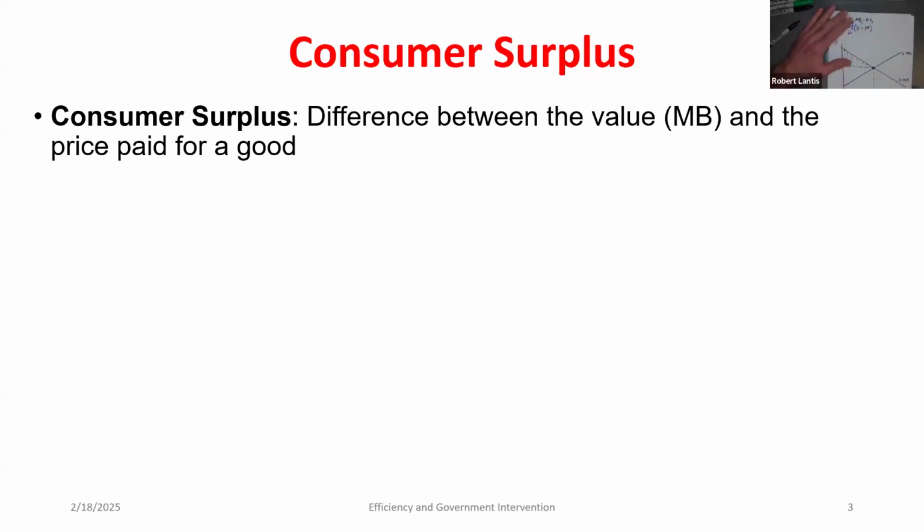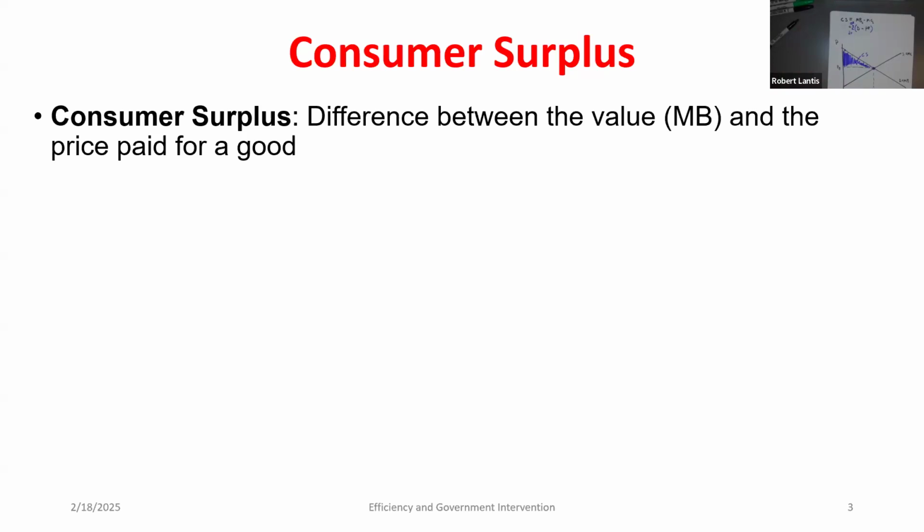Don't worry, I'm not going to use this notation a lot, but really all this is saying is for every unit, to get total consumer surplus, I'm adding up the difference between the demand curve, or the consumer's marginal benefits, and their marginal cost, or the price of the good at every unit. So you can think about the consumer surplus as this shaded area here, the area under the demand curve but above our equilibrium price.